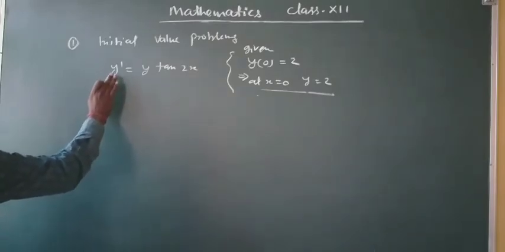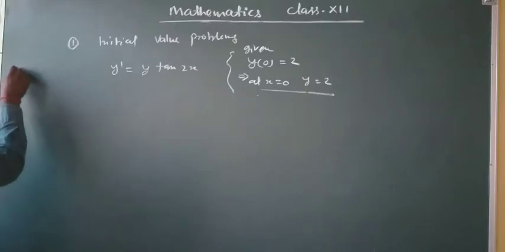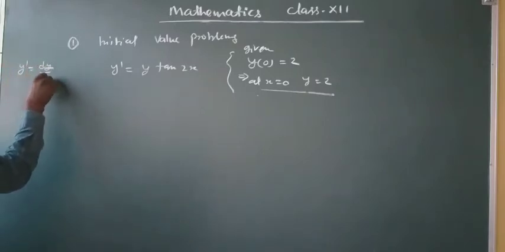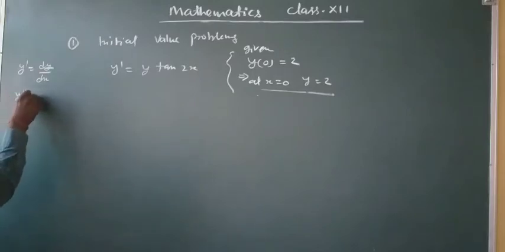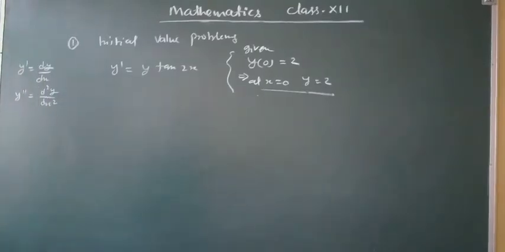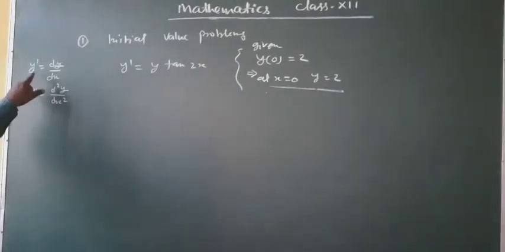Now see, you should know that y dash is equal to dy by dx, y double dash is d2y by dx square, y triple dash is d3y by dx cube. You need to know all these things. Y dash means dy by dx, nothing else.